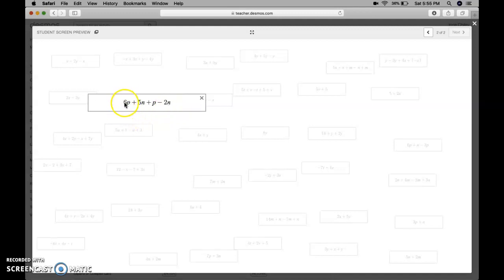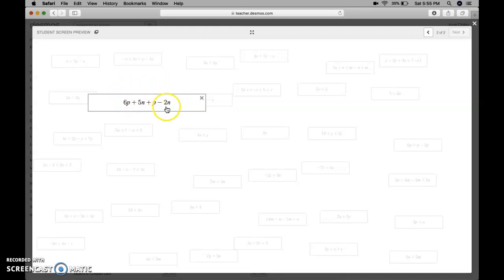So the like terms would be 6p and p, those are like terms, and then 5n and 2n, those are like terms. Like terms can be combined, so 6p plus p is a total of 7p, and 5n minus 2n is a total of 3n.